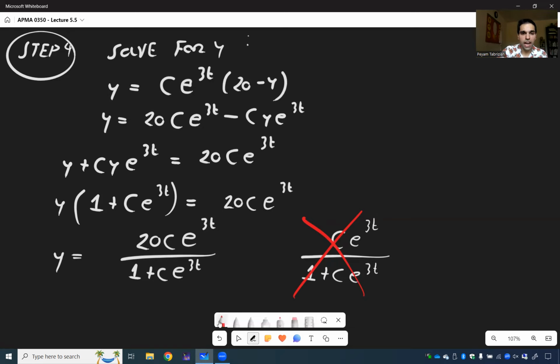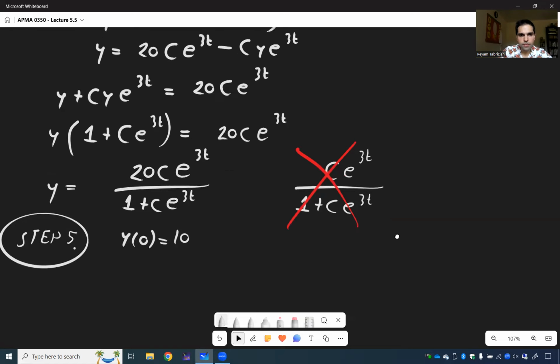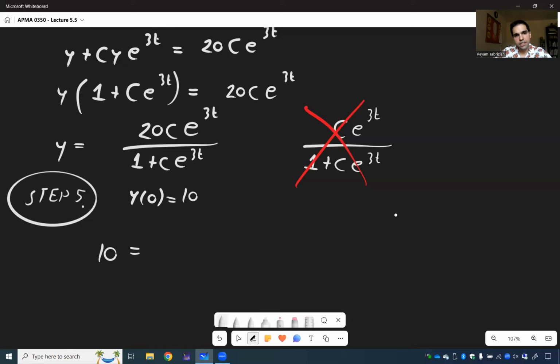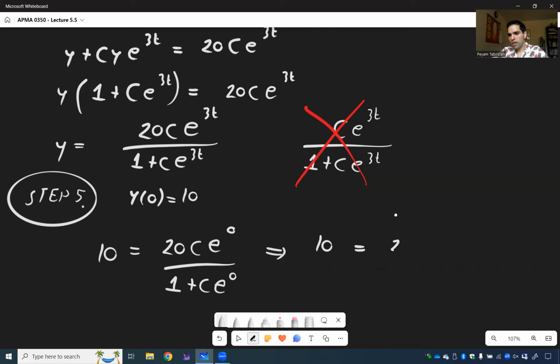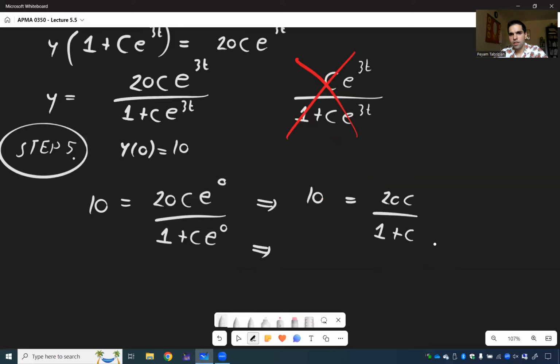And last but not least, we can actually find the value of c using the initial condition. So let's do y of 0 equals 10, I believe. And then you just get 10 equals 20c e to the 0 over 1 plus c e to the 0. And you get 10 is 20c over 1 plus c. And then you can solve for this. So you can cross multiply. 10 times 1 plus c equals 20c.